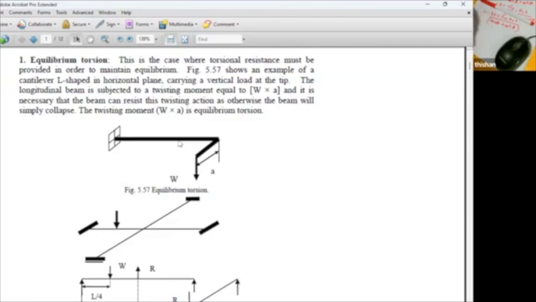So that's the type of reinforcement that you need to resist torsion. So you can see torsion is a problem. If we can avoid torsion, we should avoid it. If we can't avoid torsion, then we must provide reinforcement to resist it. That's how it goes. Is that philosophy very clear?